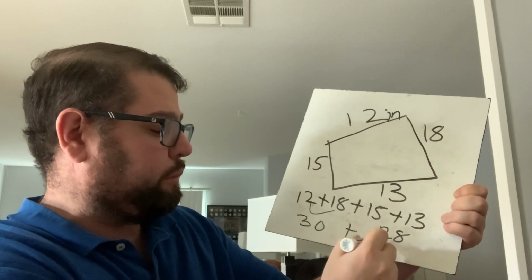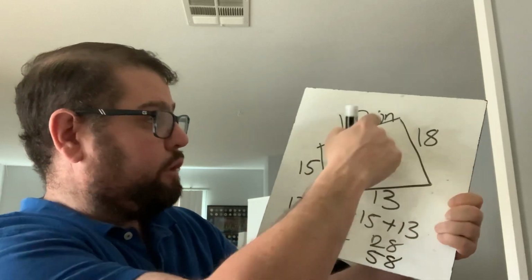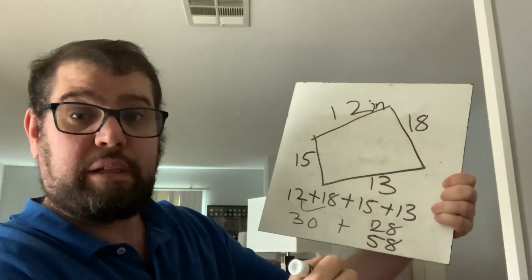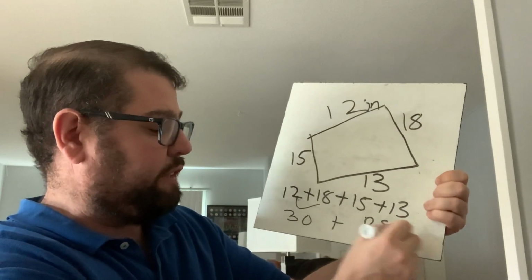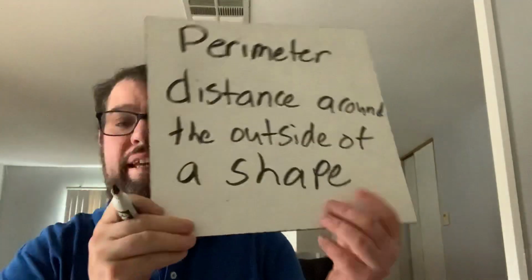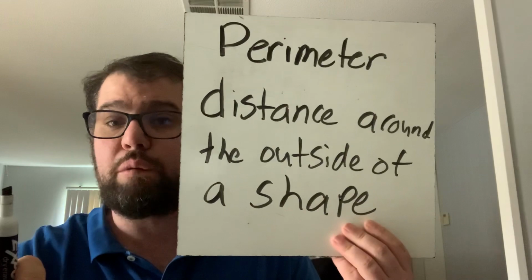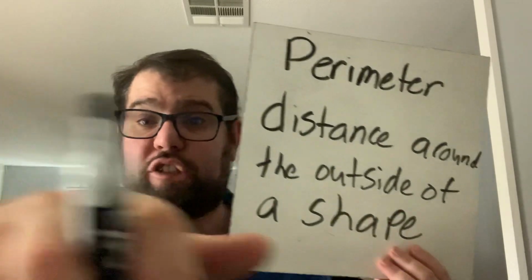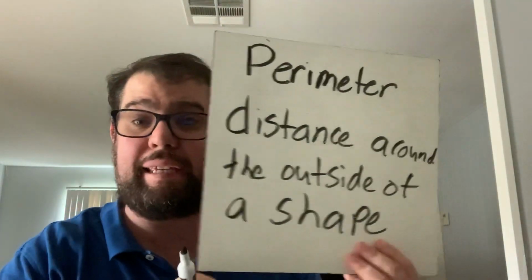And 30 plus 28 is 58. Don't forget to label. 58 inches. Circle my answer. Perimeter. Just add the outside. The perimeter, again, is the distance around the outside of the shape. That's why we are adding it.